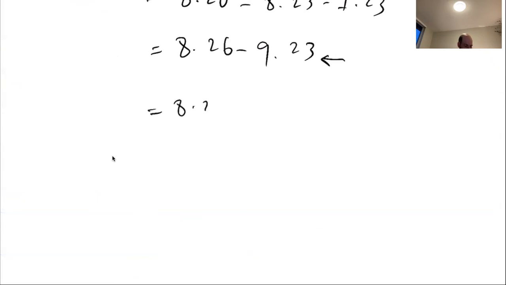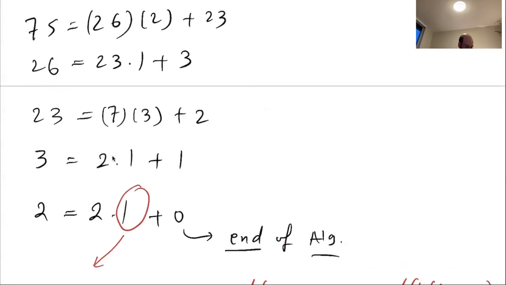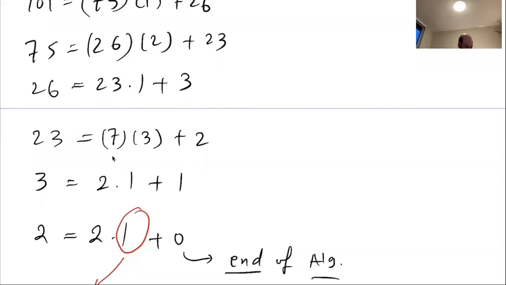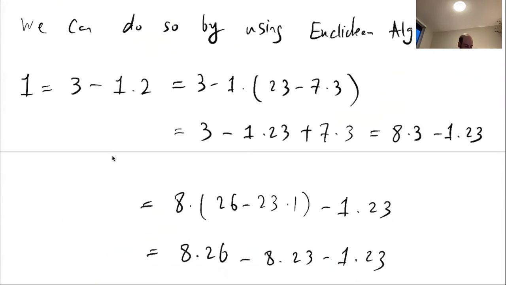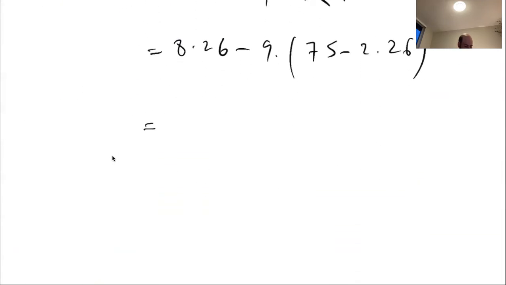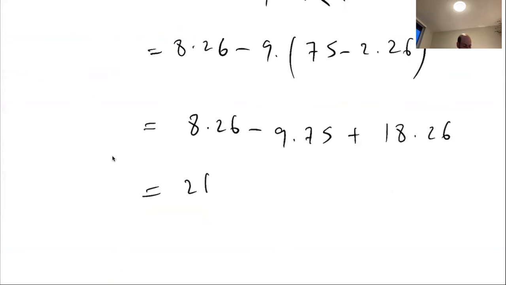So 8 times 26 minus 9 times 23 could be written as 75 minus 2 times 26. Is that okay this time? Yes. Now if you simplify this, 8 times 26 minus 9 times 75 plus 18 times 26. Now 8 times 26 and 18 times 26 is 26 times 26 minus 9 times 75.